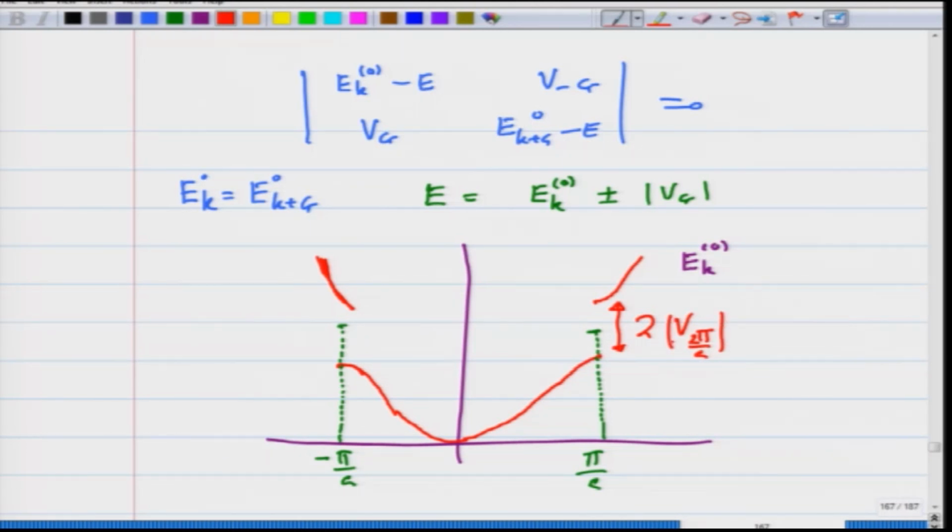This gap here also is 2 mod V of 2 pi by a. You can show a similar thing for other cases where they are near the Brillouin zone boundary.